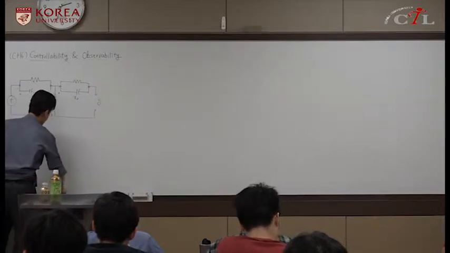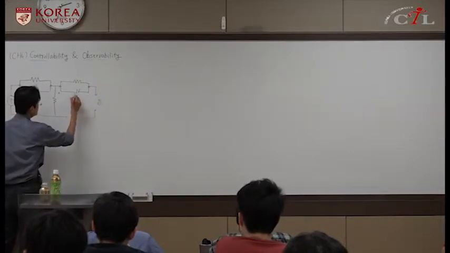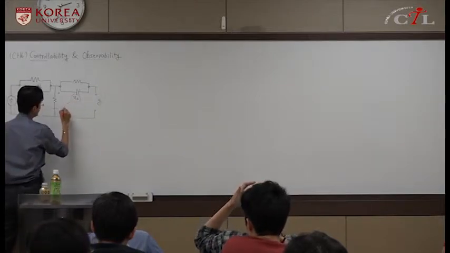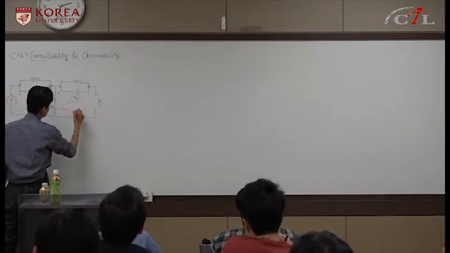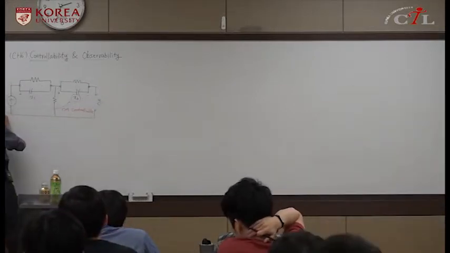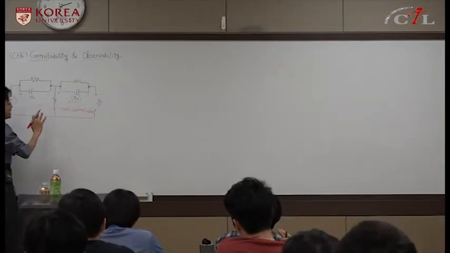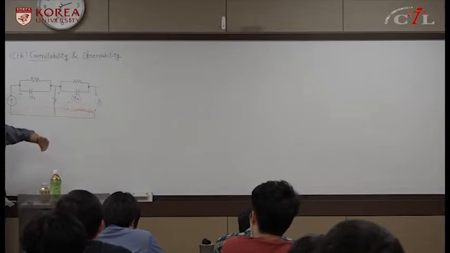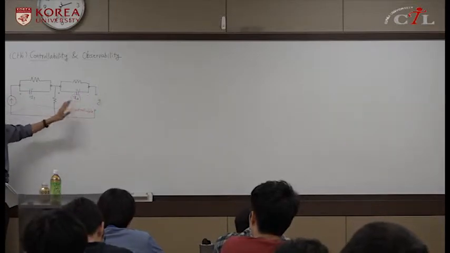However, in this system, x2 cannot be controlled by you. It's not controllable. Whatever u is given, we cannot change x2 as we want. So the whole system is not controllable because x2 cannot be controlled.